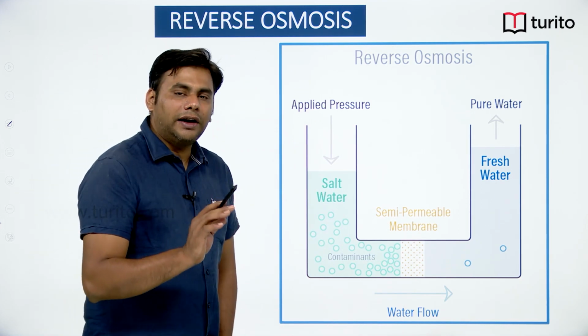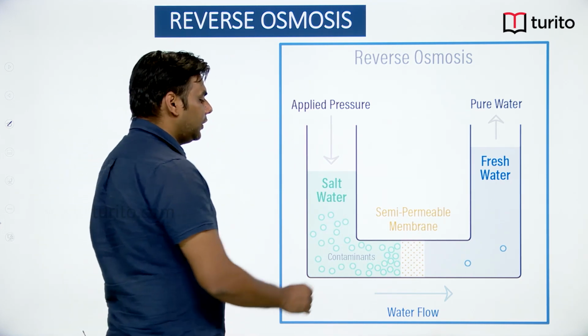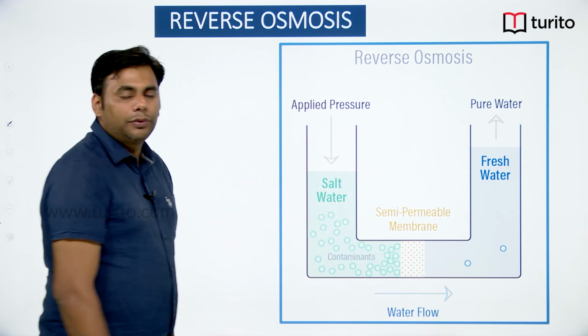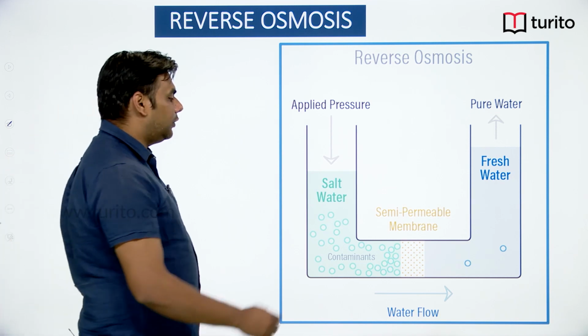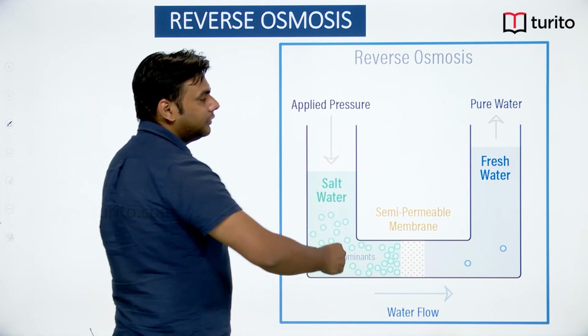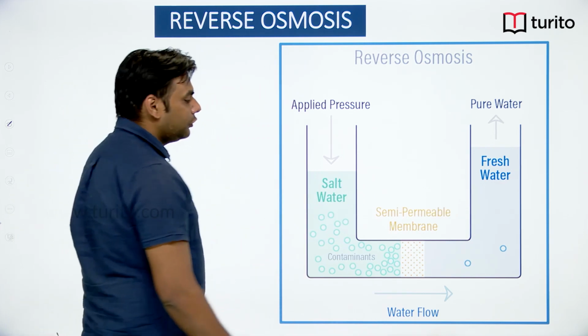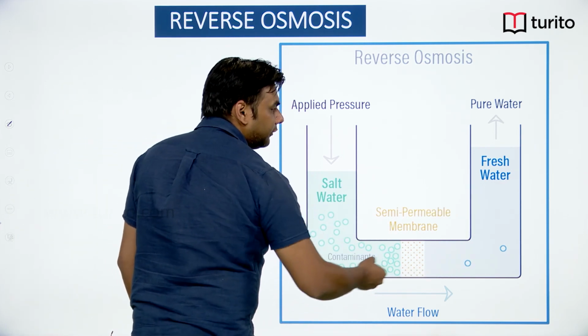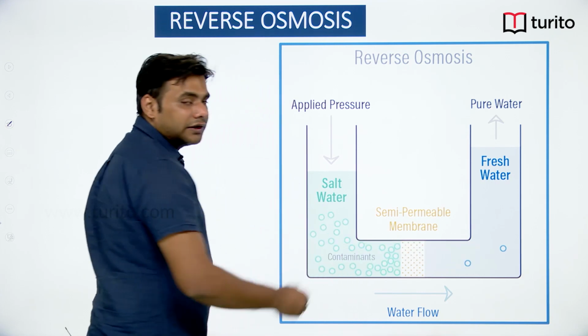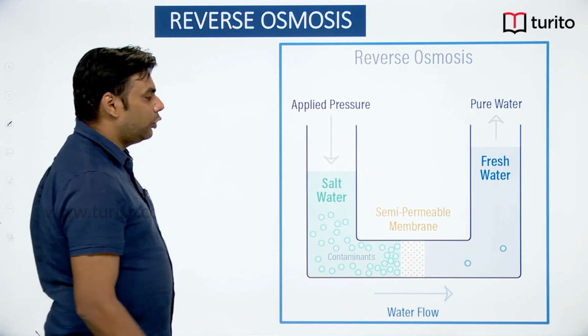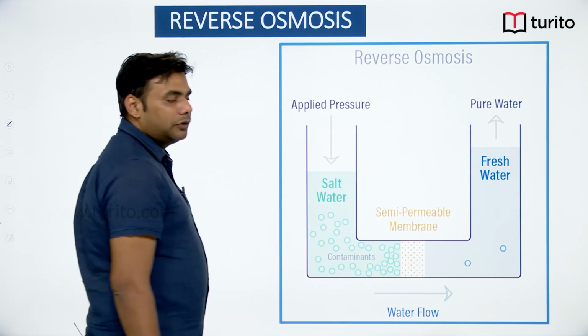If we look at normal osmosis, we know that the concentration of water would be less over here because there is solute present over here. So the concentration of water is less on this side. There is only water over there, so the concentration of water is more on that side. So the solvent molecules will keep on passing from this side to this side till the solutions become isotonic, or both solutions have the same concentration.